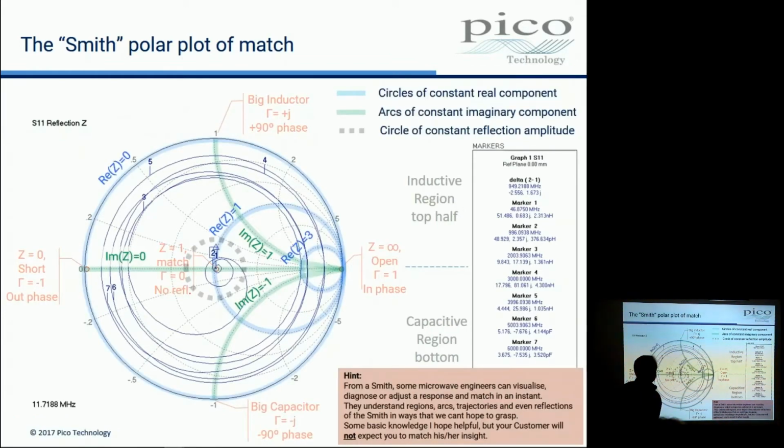So I've drawn some circles and arcs on here, because these all mean things to people that read Smith charts. We've said that the blue circle on the outer is a circle of total match. Can't have data outside the circle, can we? Because if we had data on the outside, that would be more signal coming back than we sent at it in the first place. Well, perhaps we could have that.